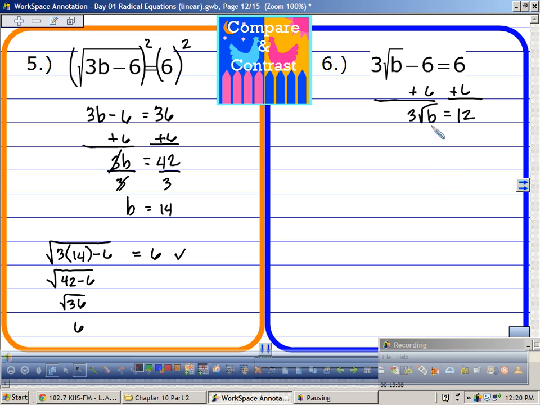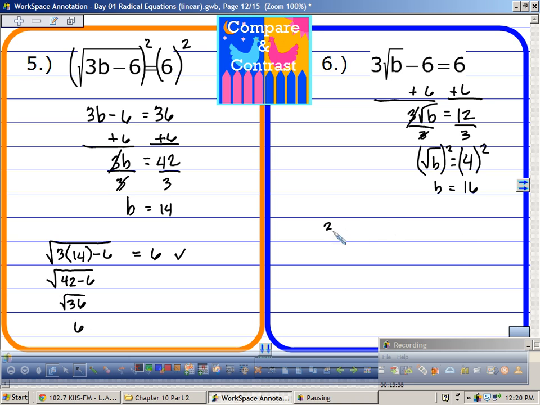There's still something I can do. I can divide by 3. Now I have the square root of b equals 4. Now there's nothing else I can do, so the last operation I'm going to perform is square both sides. When I do that, I get b equals 16.